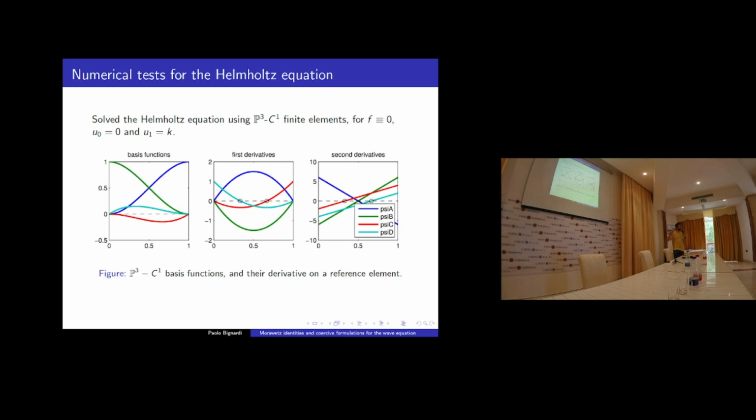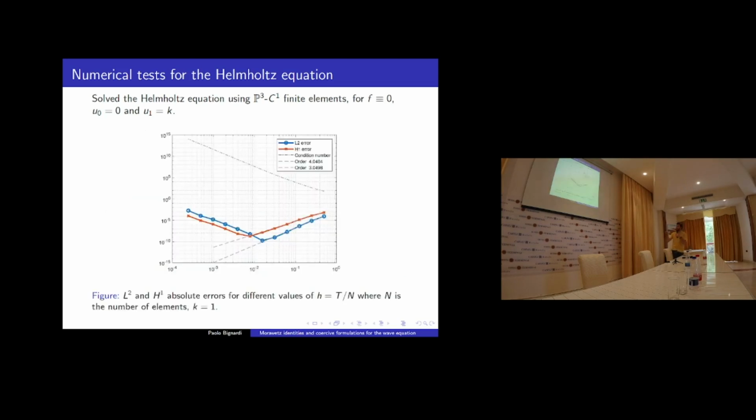And all the conditioning comes out, maybe for the reason that I mentioned earlier, from the light blue and red functions. So, I don't know, maybe there is some scaling to be done, no idea still.